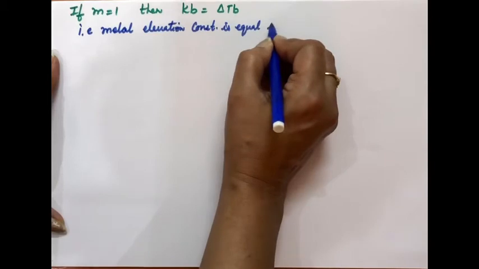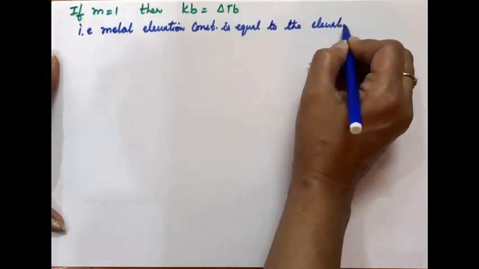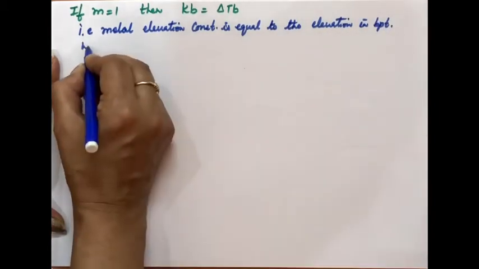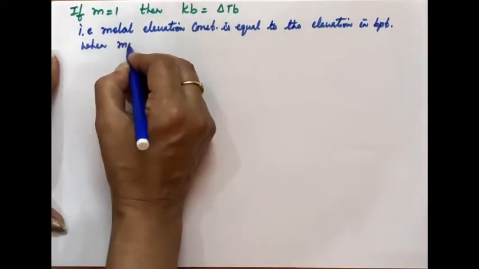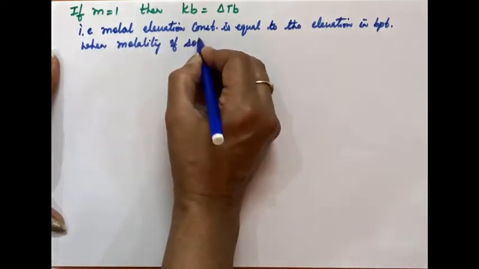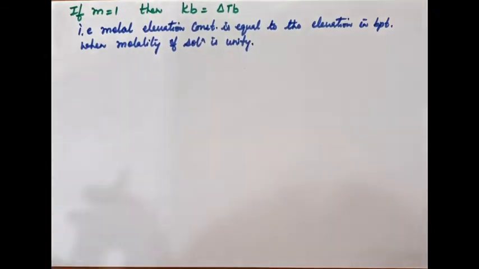This is equal to the elevation in boiling point when molality of solution is unity. So this is the first part of this colligative property, that we have explained what is elevation in boiling point along with its formula.